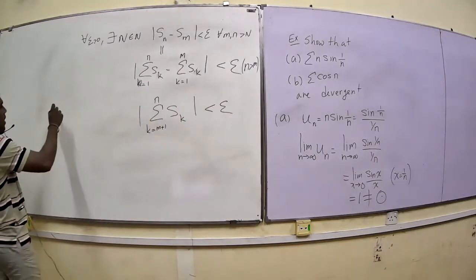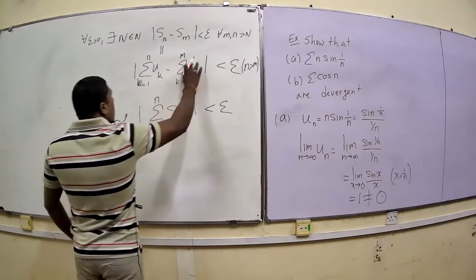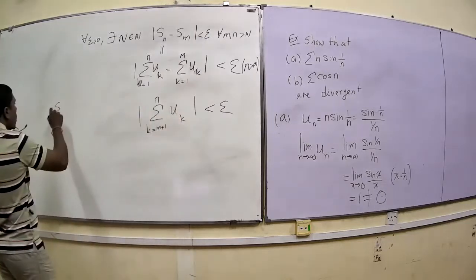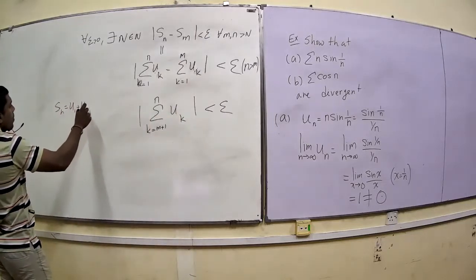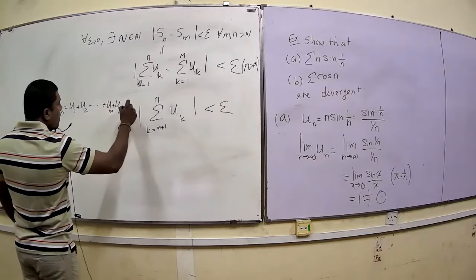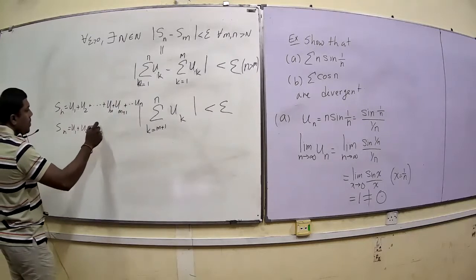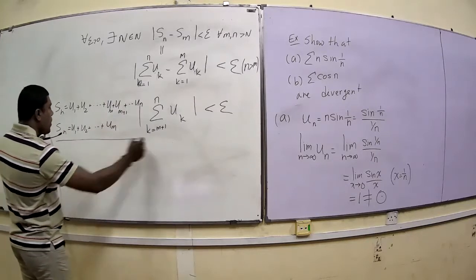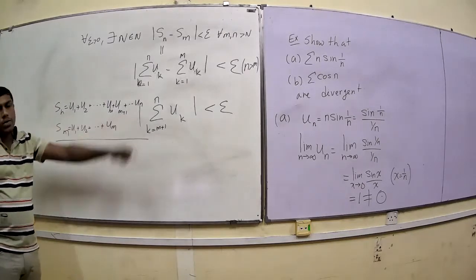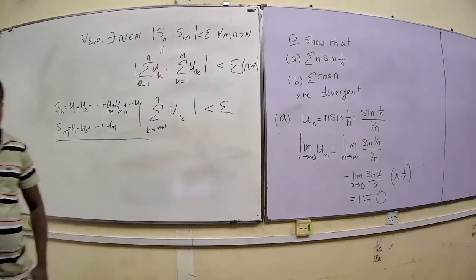Because S_n is u1 plus u2 plus all the way up to u_m plus u_(m+1) plus all the way up to u_n, but S_m is u1 plus u2 plus all the way up to u_m only. When you subtract, S_n minus S_m, you get u_(m+1) plus u_(m+2) up to u_n. That is how you write the Cauchy condition for the series.